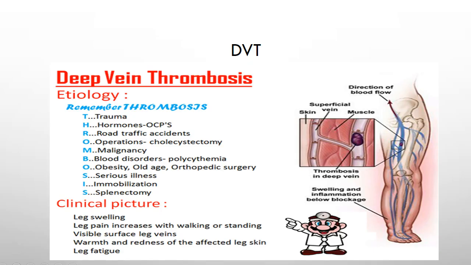The etiology or risk factors for DVT, if you remember the acronym thrombosis, so trauma, hormones like birth control pills, road traffic accidents, operations, like orthopedic operations, malignancy like cancer, certain blood disorders like polycythemia, that's like a hypercoagulable blood disorder, being obese or being old can cause DVT.